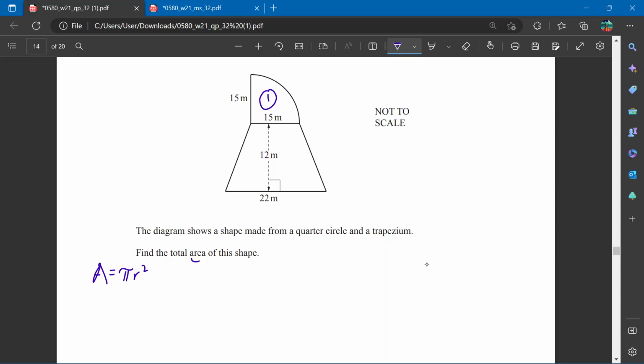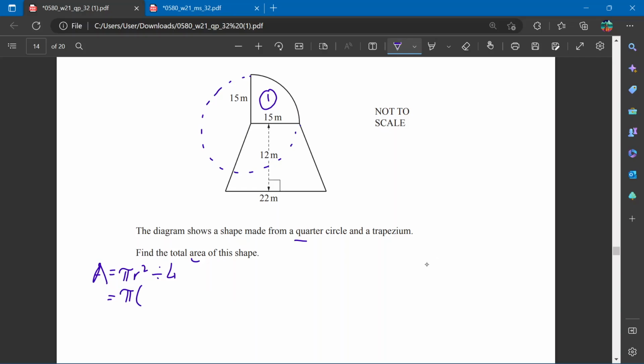But this is a quarter of a circle, not the whole circle. The whole circle, of course, would look like something like that. Only a quarter, so we're going to have to divide our answer by 4 to get the area. You don't have to add the radiuses on, 15 and 15, because you only do that when you do perimeter.